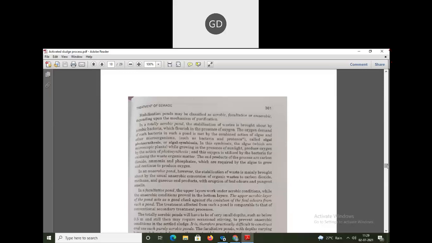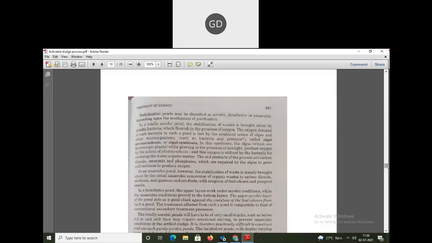In this process, the algae, while growing in the presence of sunlight, produce oxygen by photosynthesis. The oxygen which these microorganisms give is utilized by the bacteria or protozoa for oxidizing the waste organic matter.